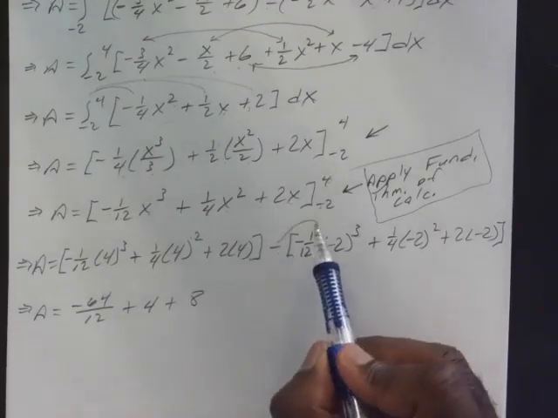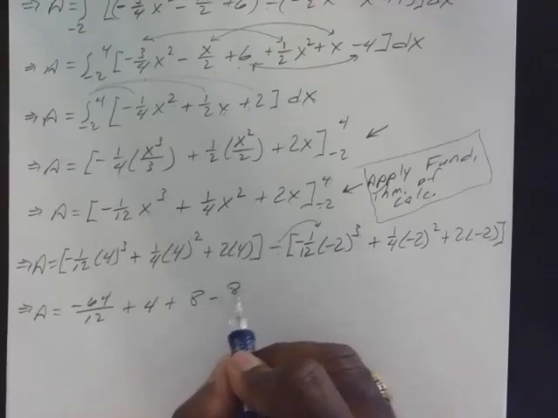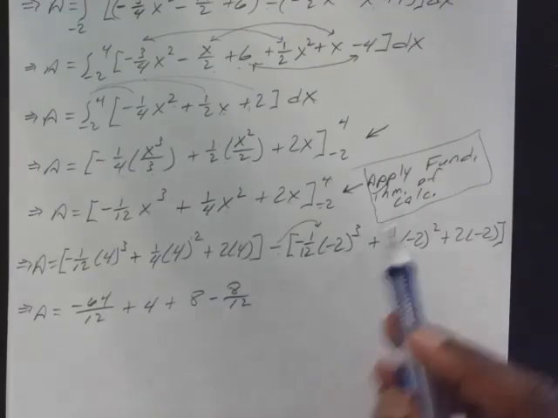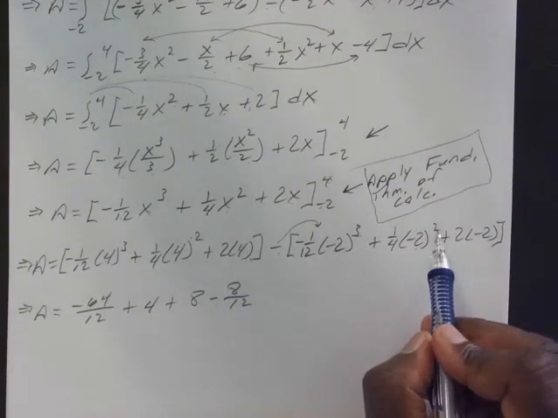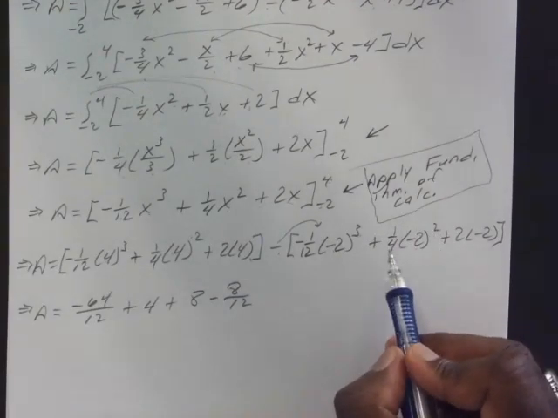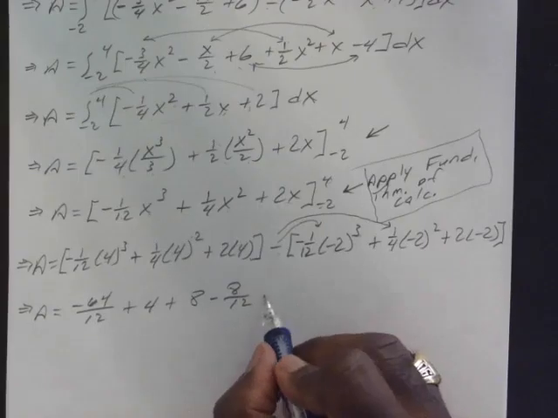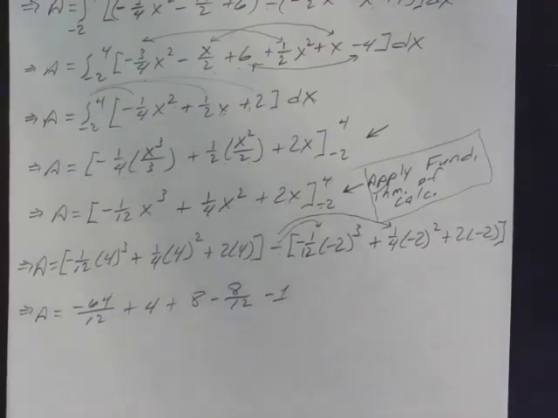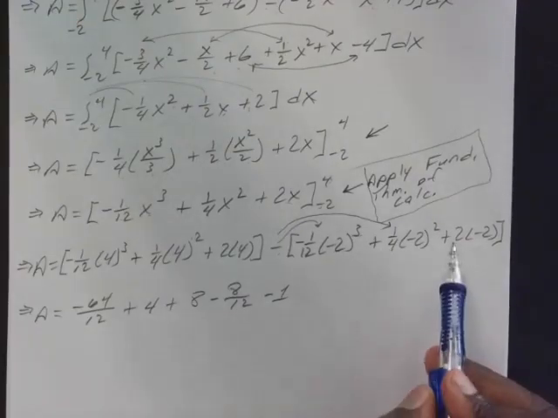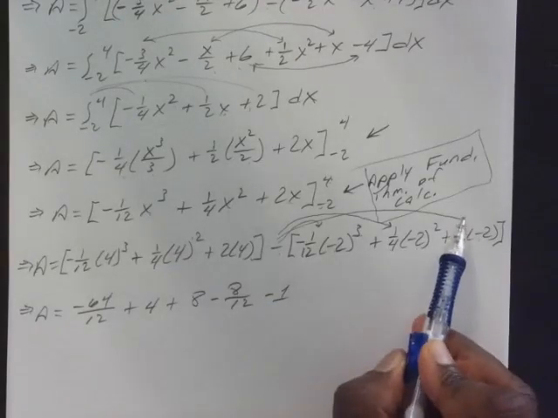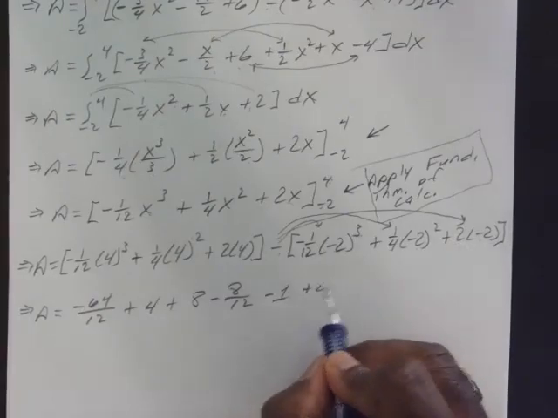But we distribute this negative and it makes it negative 8 over 12. Okay, so negative 2 squared is positive 4. Positive 4 times 1/4 is positive 1. But when we distribute that, it makes it minus 1. We have 2 times negative 2 is negative 4, but as soon as we distribute, it becomes positive 4.